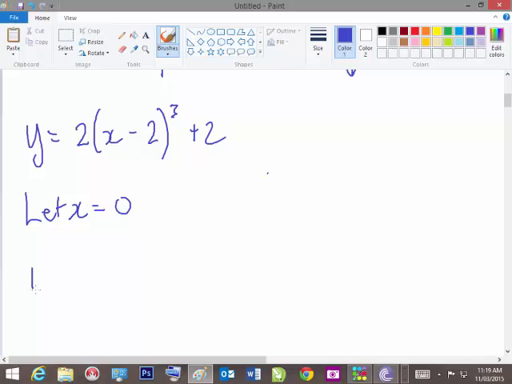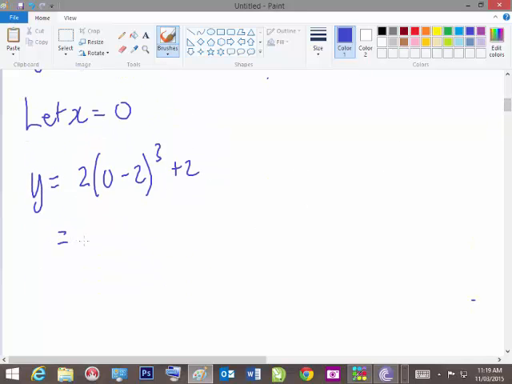So I get y equals 2 times (0 minus 2) cubed plus 2.